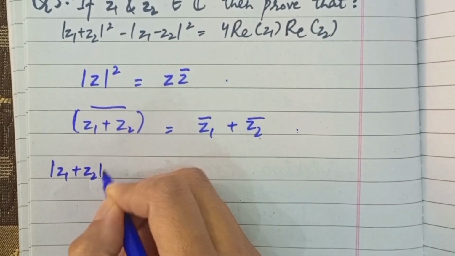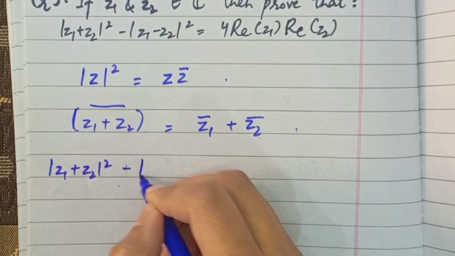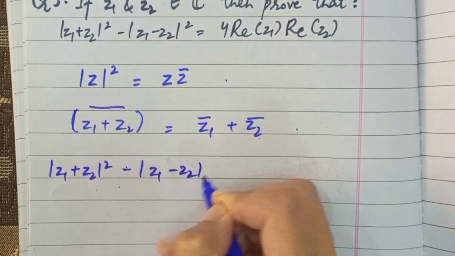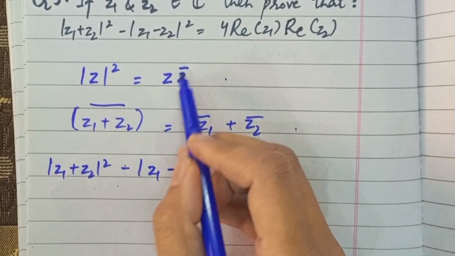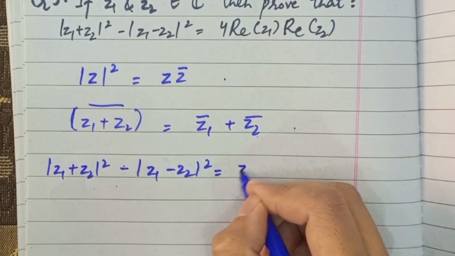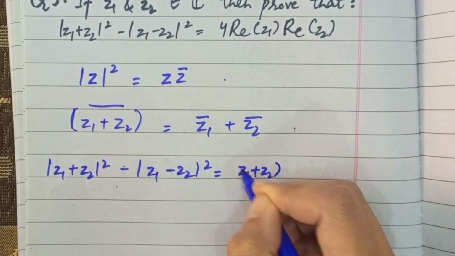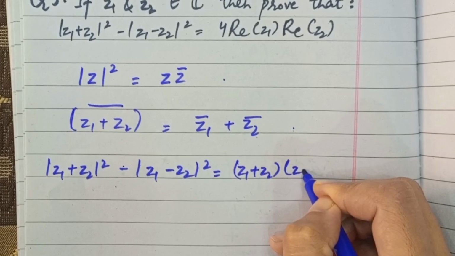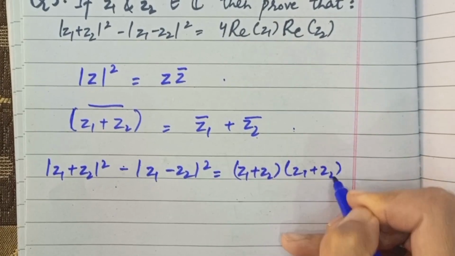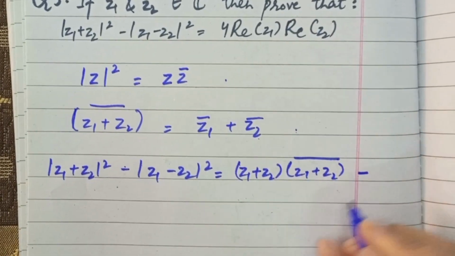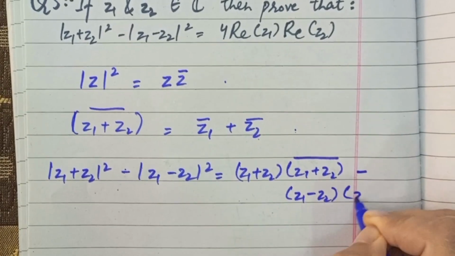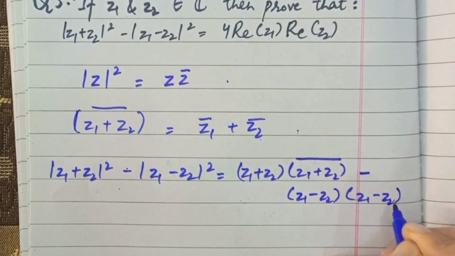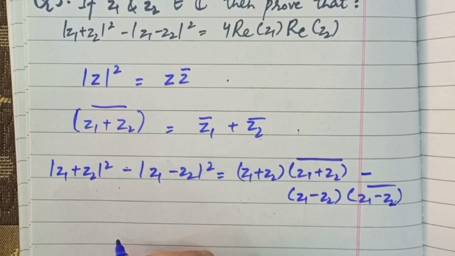|z1 + z2|² − |z1 − z2|² is equal to, according to this property, (z1 + z2)(z1 + z2 conjugate) minus (z1 − z2)(z1 − z2 conjugate).